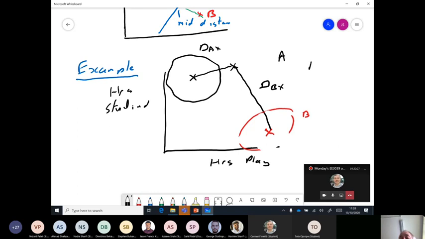And X belongs to A if DAX is less than DBX, else X belongs to class B. So that is a classification.